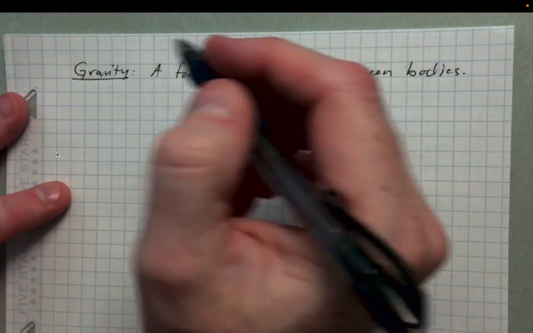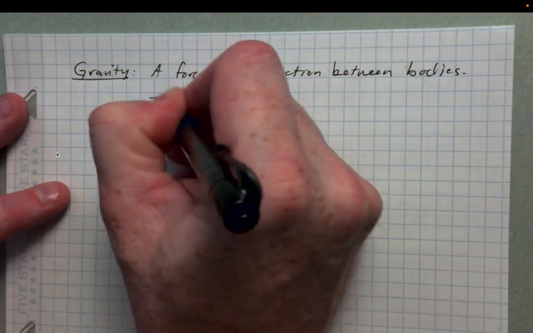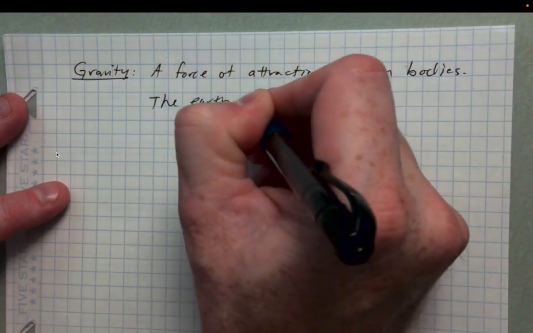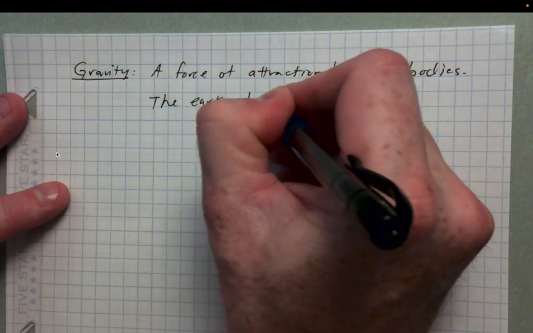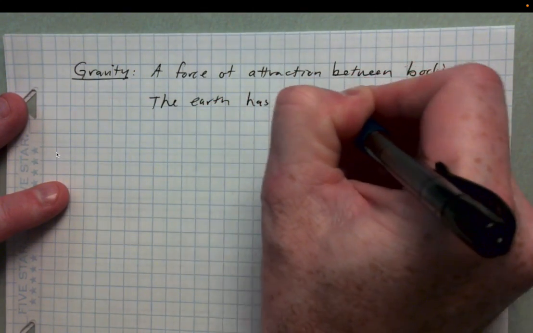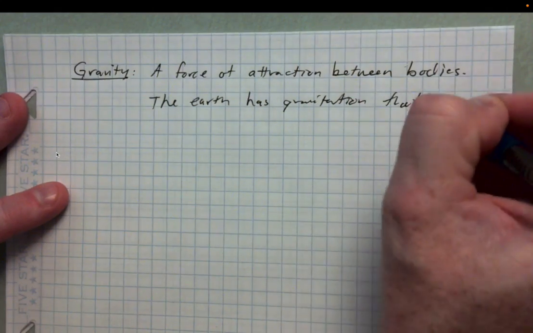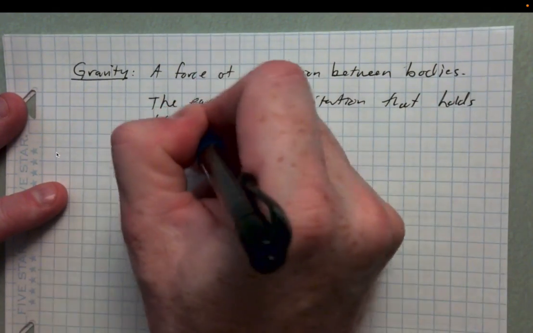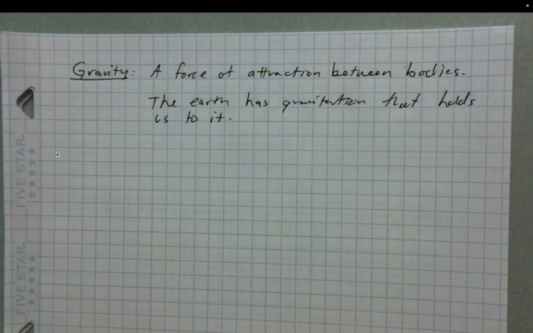So the Earth has gravitation that holds us to it. Right? So this is the one you're most familiar with. A lot of times when people say gravity, you really just think like, oh, the Earth has gravity. It's actually a property of all matter. All objects have gravity. It just happens to be a pretty weak force, and it only becomes significant when the body is humongous.